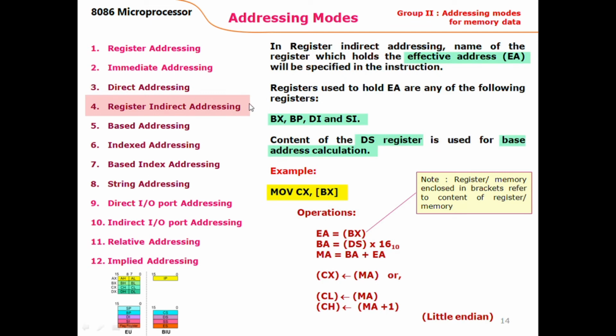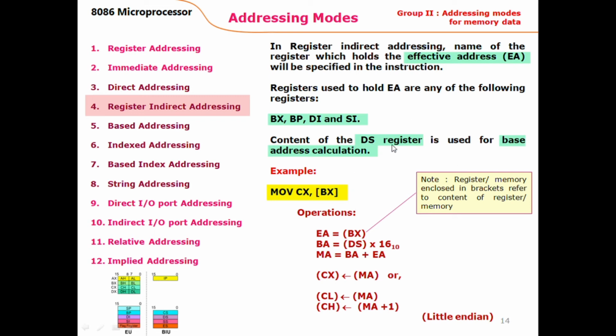Another memory addressing mode is register indirect addressing mode. In register indirect addressing, the name of the register which holds the effective address is specified in the instruction. Registers used to hold the effective address are any of the following: these 4 registers, base pointer, base register, destination index or source index, which provide the effective address.